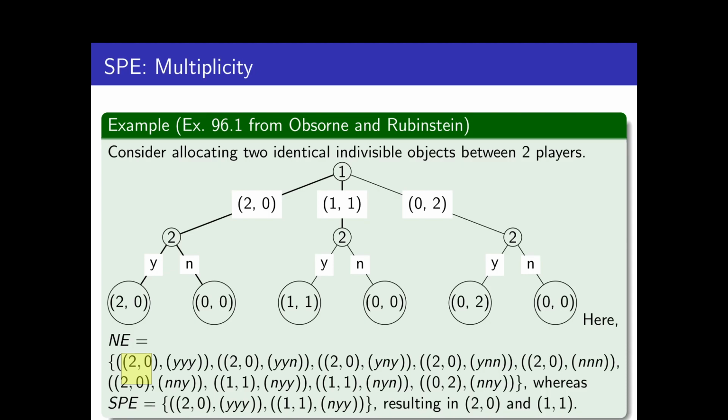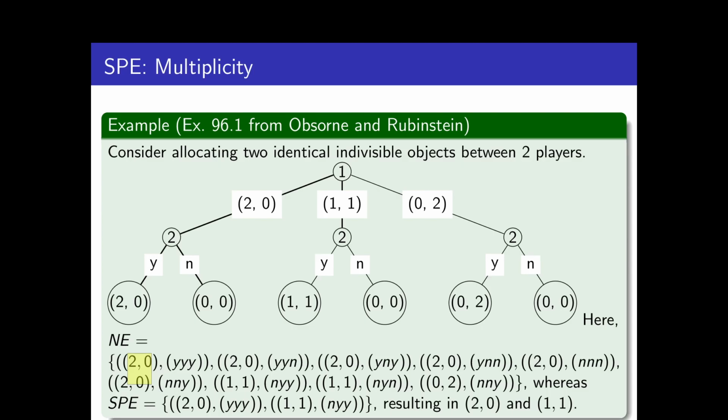Or you know what, let's look at it a different way. What has to be the strategy of player 2 in order for player 1 to be motivated to say 2, 0?